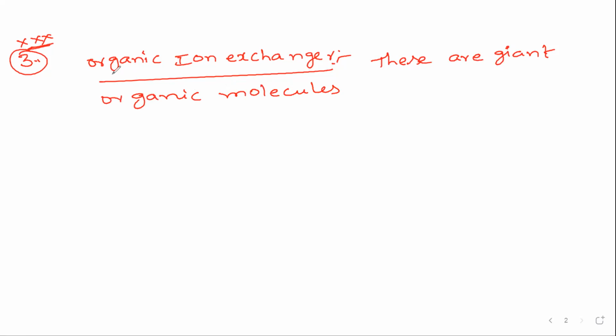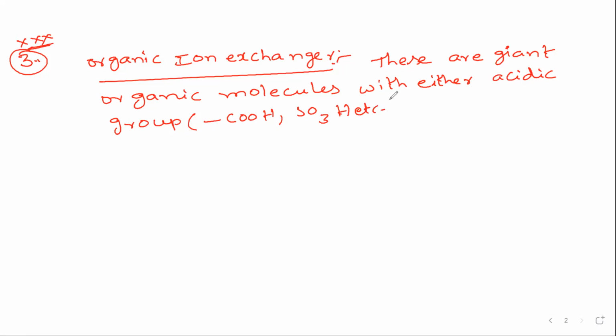This is the most preferable method, having either an acidic group, in brackets COOH, sulfonic acid, etc., or a basic group, in brackets ammonium ions, OH minus ions or amine ions, NH2, attached to them.